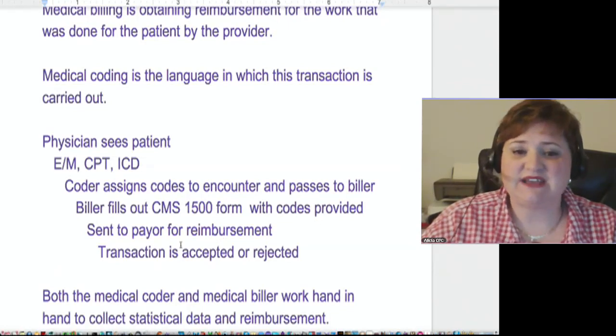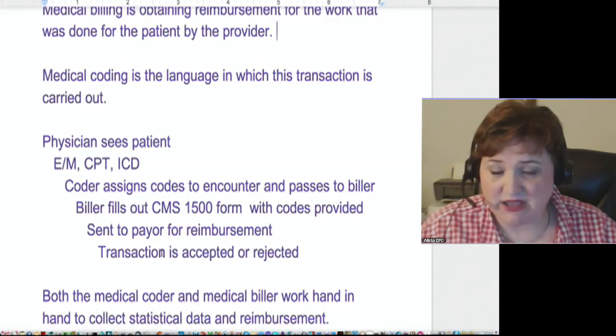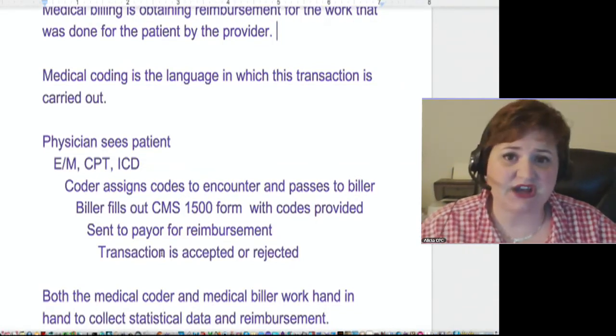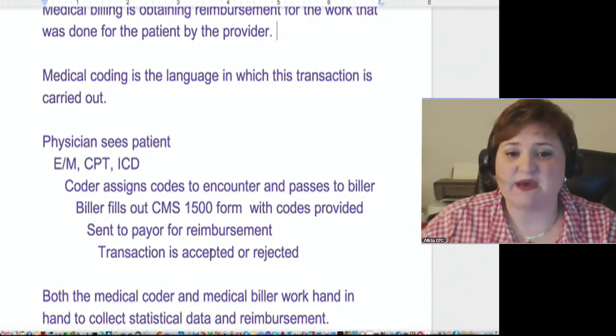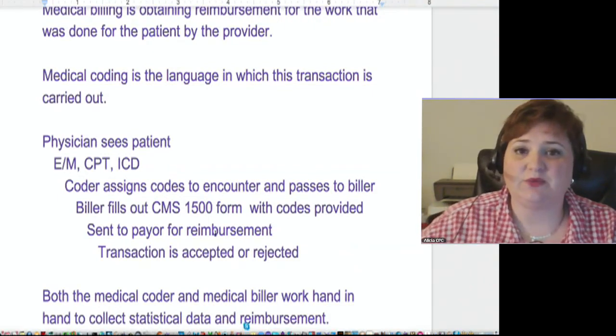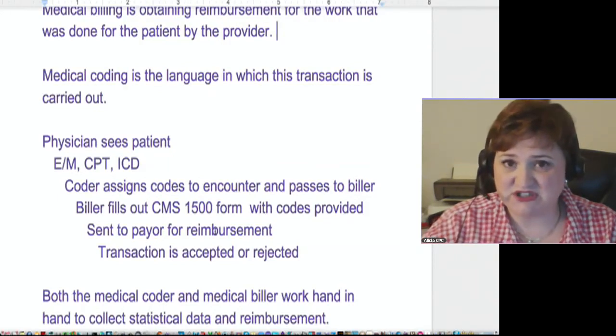So when it gets to the payer, which is the insurance company, it's run through their system, and it's either accepted or rejected. Now, if it's accepted, then they more or less cut a check, but it's not really cutting a check. It's electronically reimbursed into the bank of the provider, which is the physician.